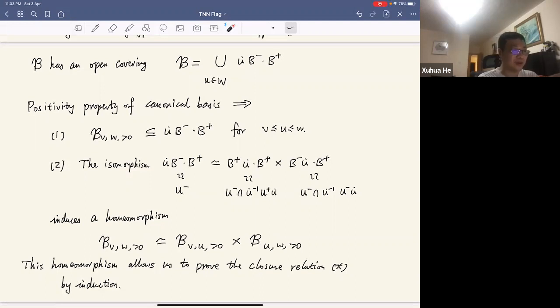Without this, we don't have these decompositions. This certainly fails if you drop the total positivity. And we use the canonical basis in an essential way. Thanks.